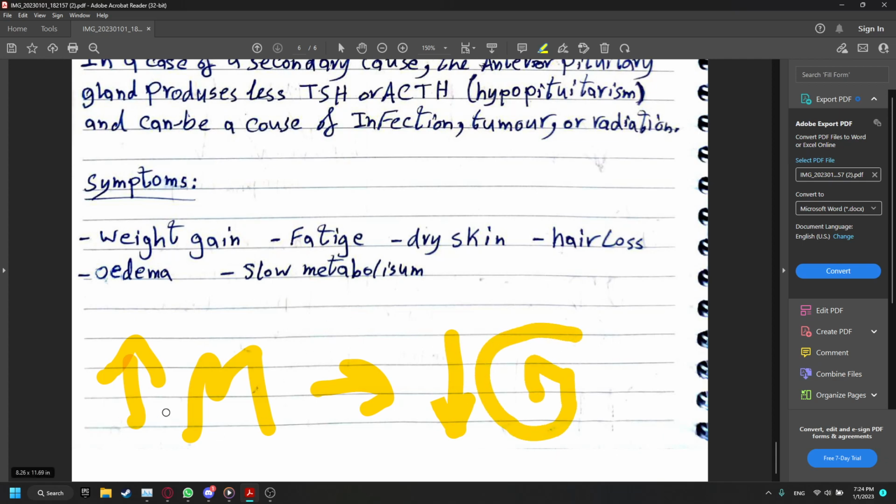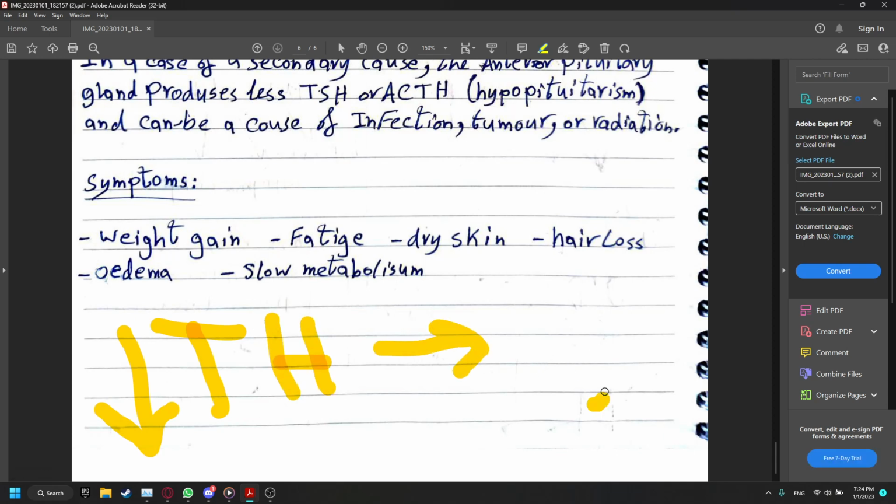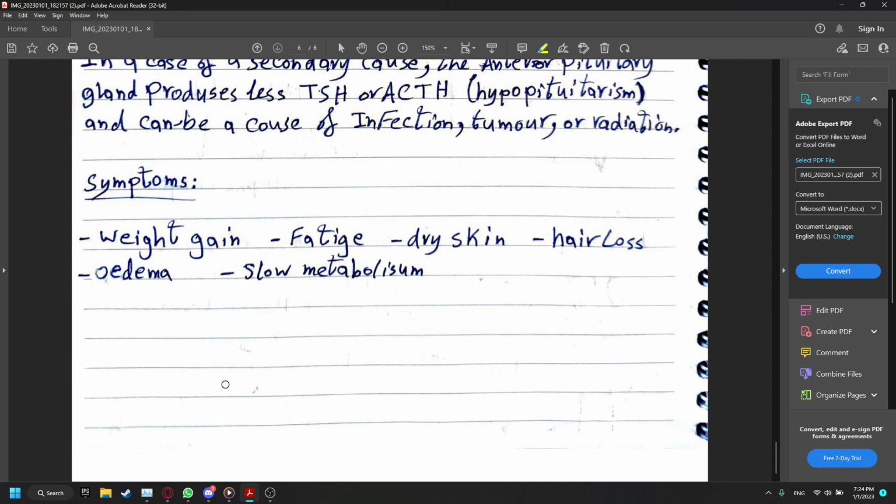This is why when you have too much thyroid hormone, you have less glucose, because it's being used by the cells. But when you have low levels of thyroid hormones, you have less metabolism, so nothing helps with the metabolism of glucose.